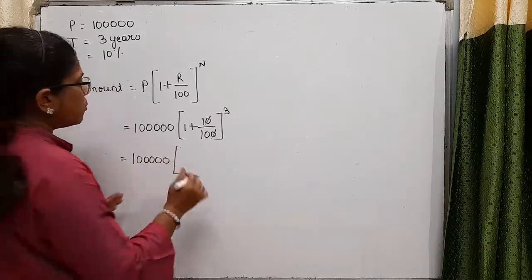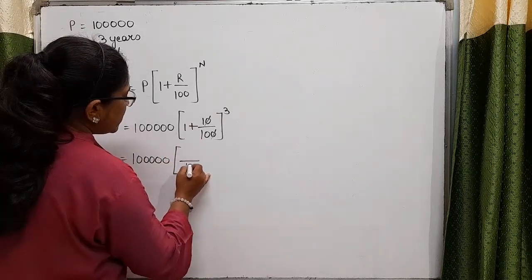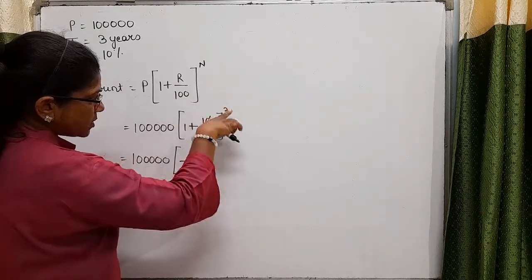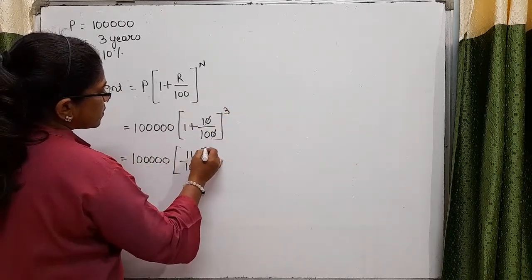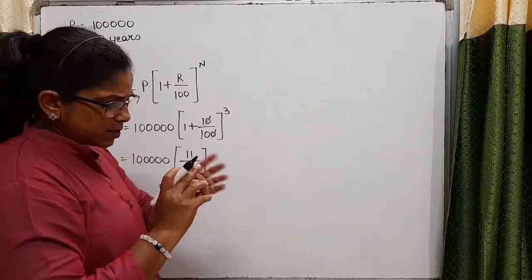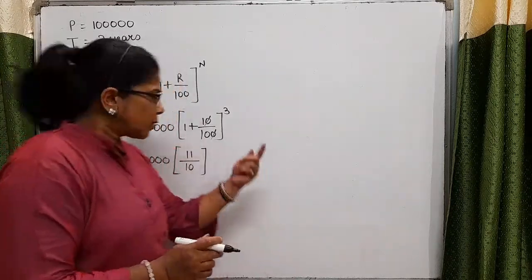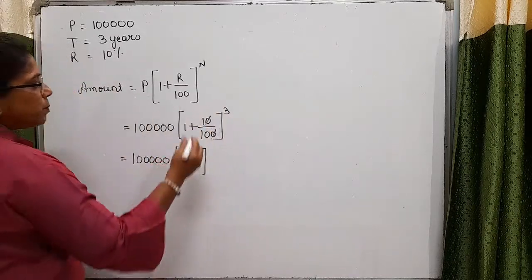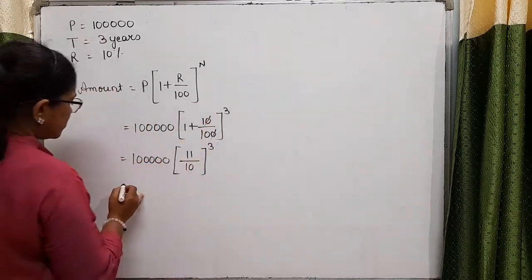In the bracket we get denominator 10. 10 into 1 is 10 plus 1 is 11. This bracket simplification is quite easy. You can directly solve and write the value here in this bracket to the power of 3.